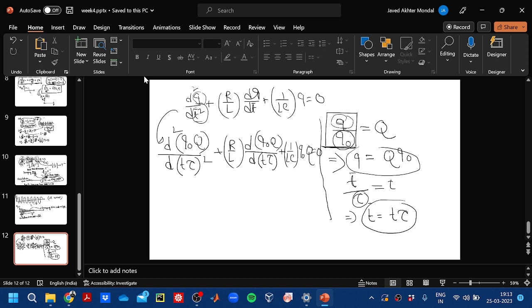This q has a dimension of charge. That is why we are dividing it with a constant charge value.